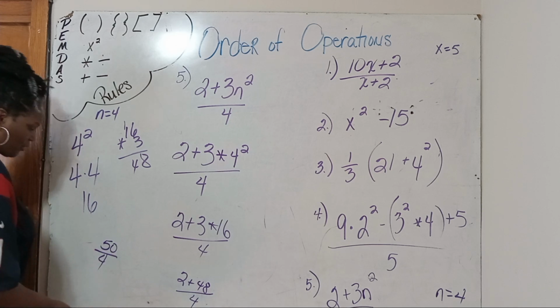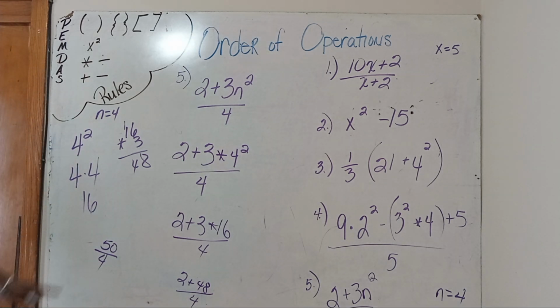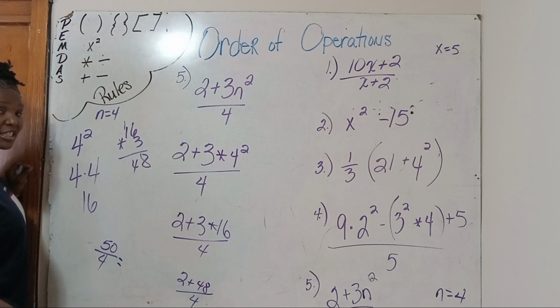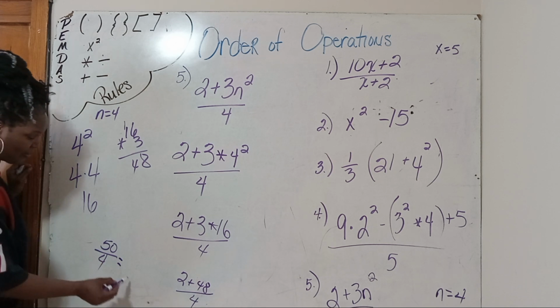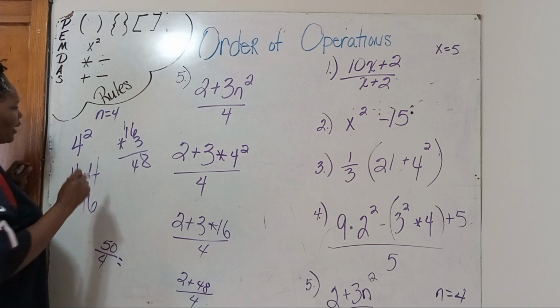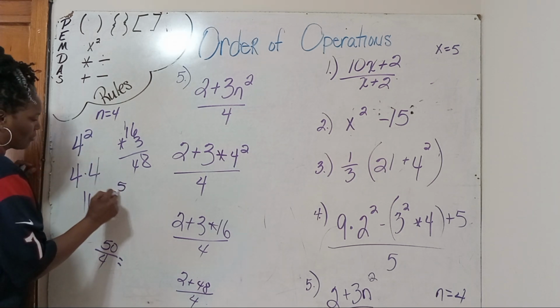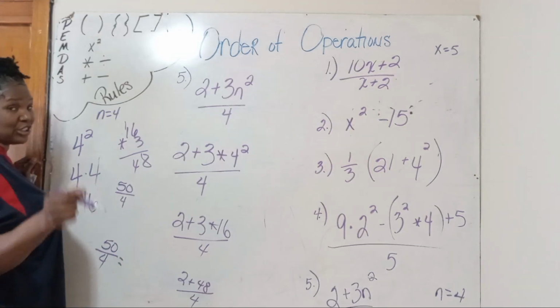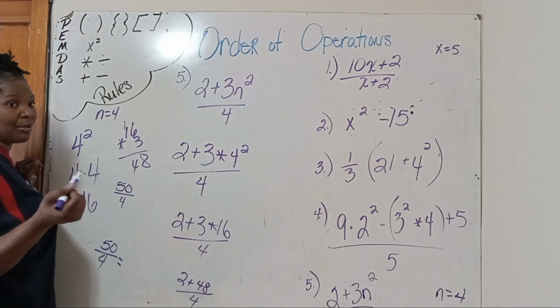over 4. Now, 50 over 4 can be simplified. They both have 2 in common. So this is our answer, but since both of them can be simplified, and we're going to do scratch work, they both can be divided by 2.